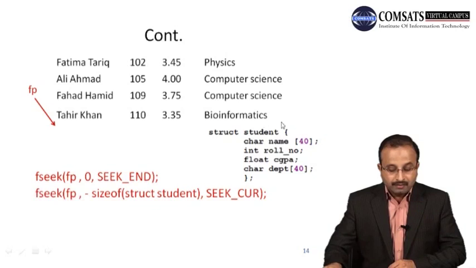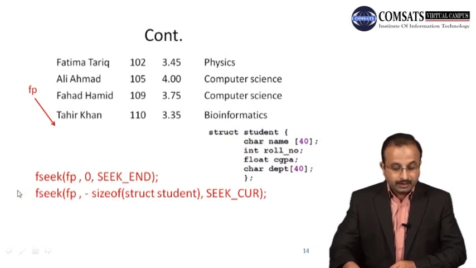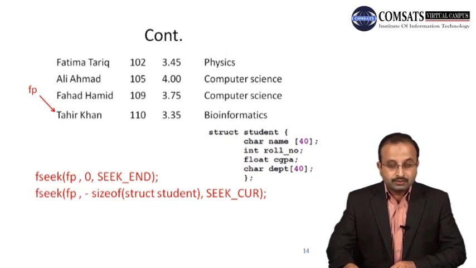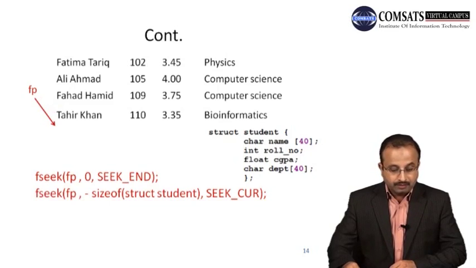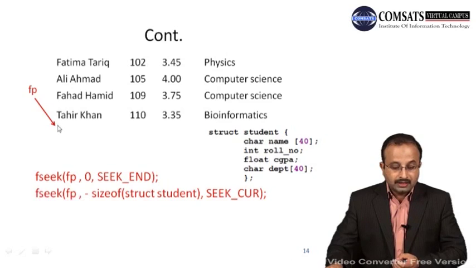So this means that when this fseek, second fseek is successfully executed, the file pointer points to this position in the file. ठीक है? So अभी file pointer इस position पर है. Now the file pointer is at this position. So seek current is the current position of the file. Current position अभी आपने position file की change की थी, seek end से उसको end पे ले आए थे. Now this is end of the file and the current position of the FP is over here.